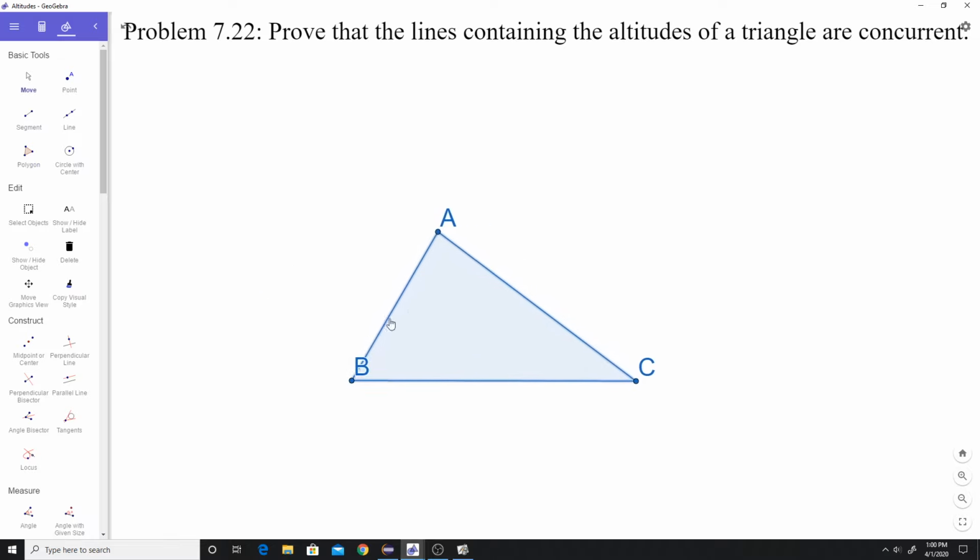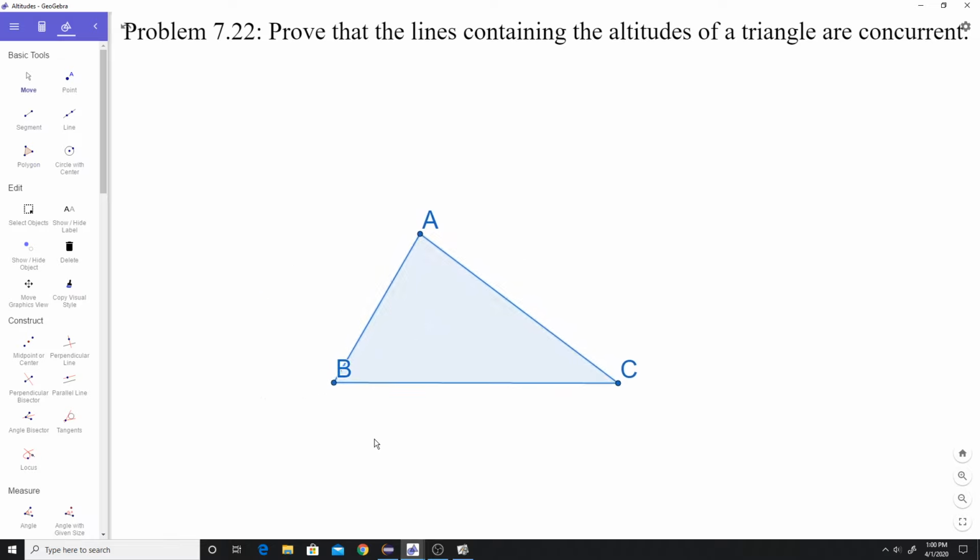Very simple looking. Now I need to show the altitudes all meet at the same point, or prove that it always will. Now how should I go about doing that? Well, by definition, all of the altitudes have to be perpendicular to their base.